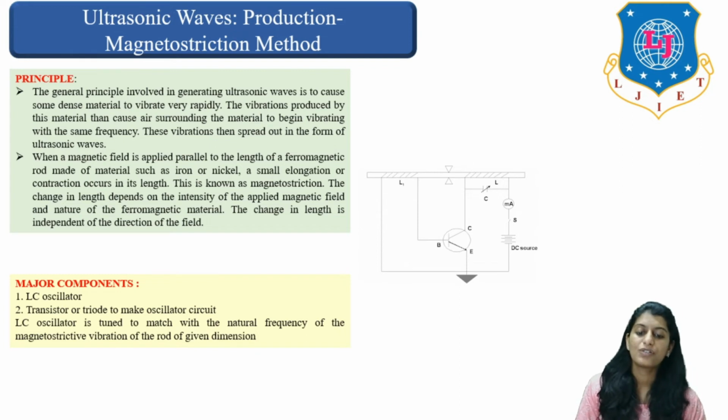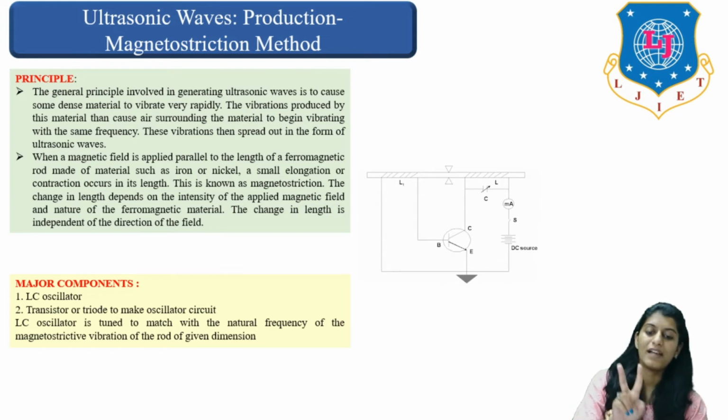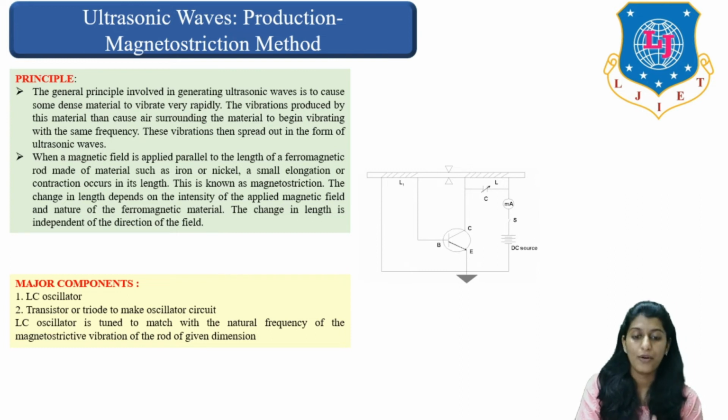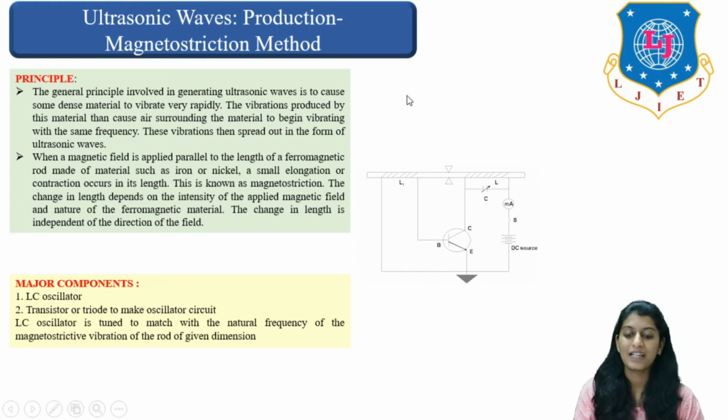The LC oscillator is tuned to match the natural frequency of the magnetostrictive vibration of the rod of given dimensions, right? So these are the two devices, LC oscillator and transistor or triode, which will complete the circuit of this particular device. These are the two basic requirements.